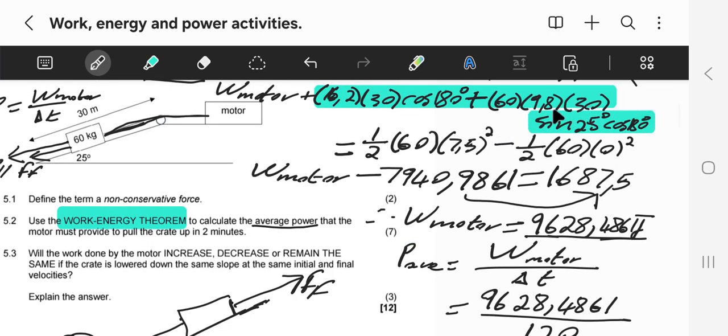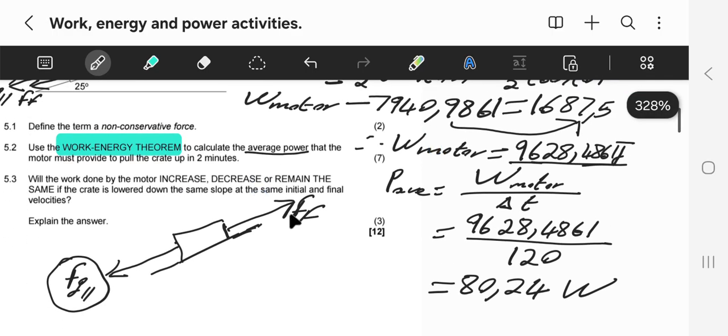It was this value here, right? So this value was negative initially, but now that the object is moving downwards, it's going to be positive, right? And if it's positive and they're asking us, will the work done by the motor increase, decrease, or remain the same, then our answer will be that the work done by this motor will actually decrease.